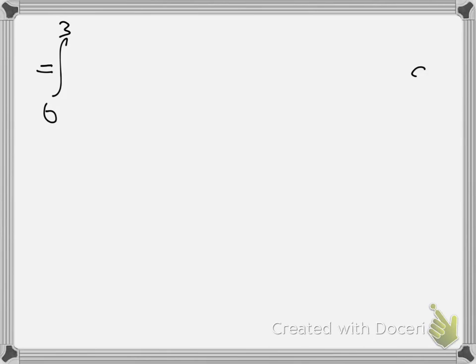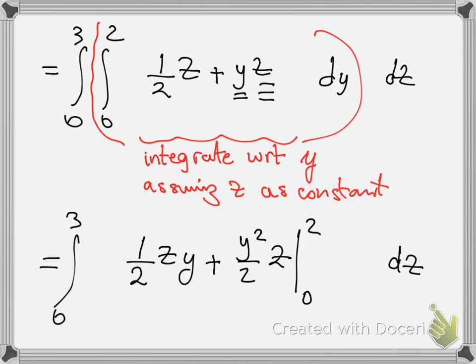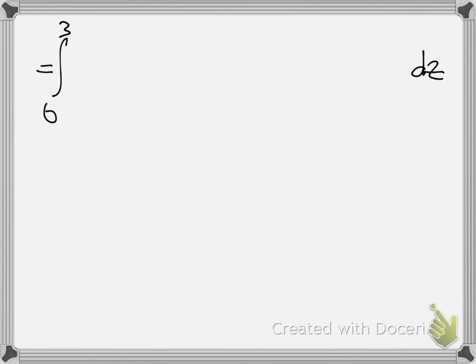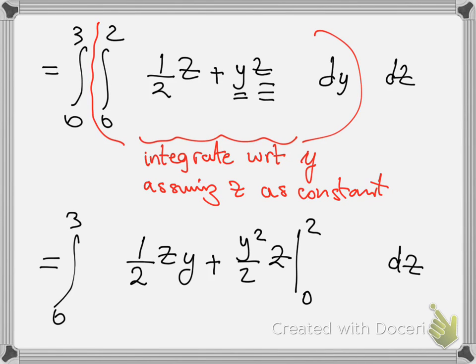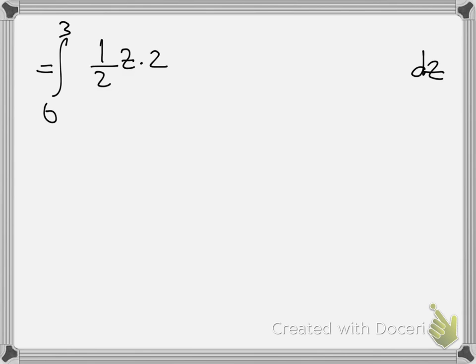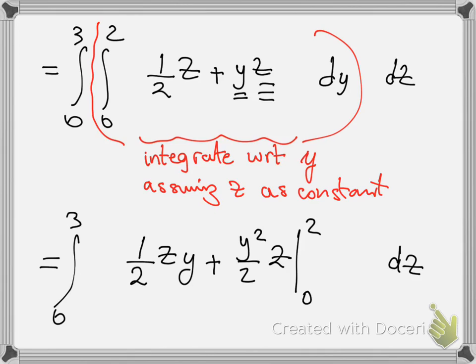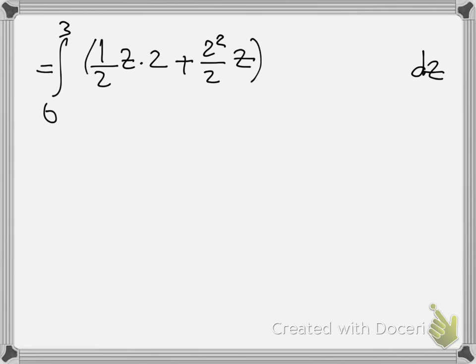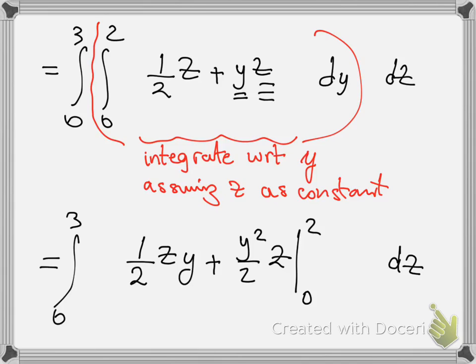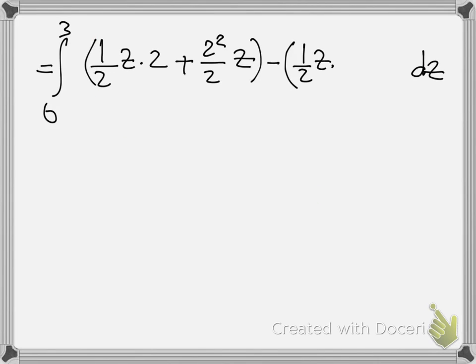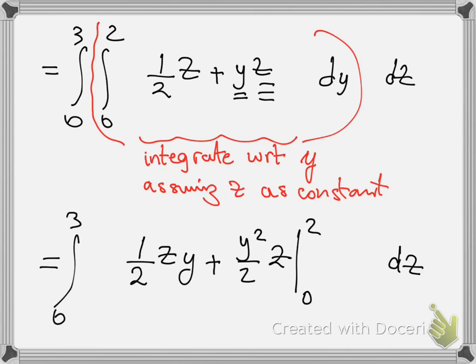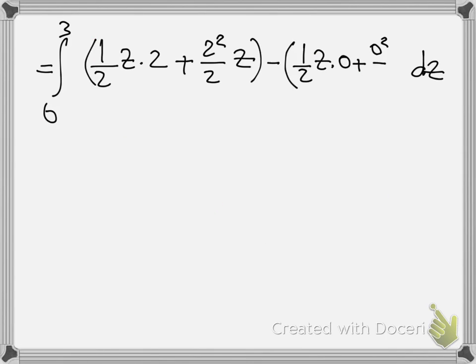So let me just write down here, this is for dz. Now you replace y by 2. So that's half of z times 2, plus y squared over 2 times z, so plus 2 squared over 2 times z. Then you replace y by 0, so minus half of z times 0 plus 0 squared over 2 times z.